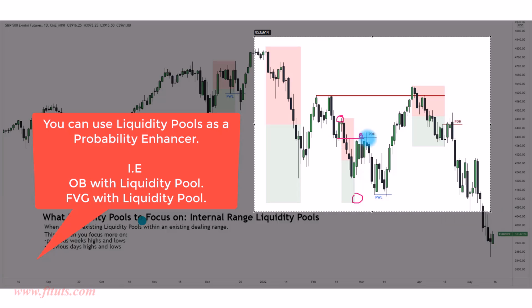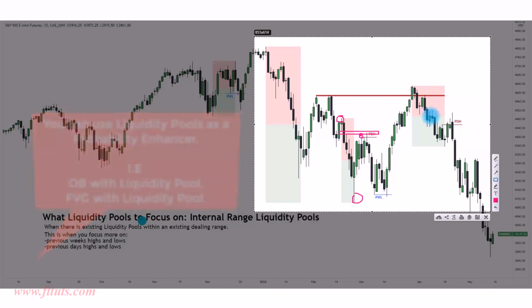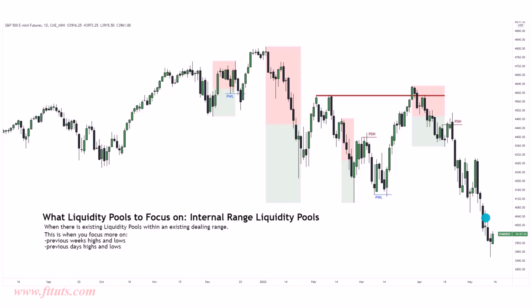And you can see, actually, fair value gap, my bad. And you can see how price takes our liquidity pool into a fair value gap. Okay, same thing here. We have a range, trading range. Price can take out a short-term high into a premium market and then have a sell-off.